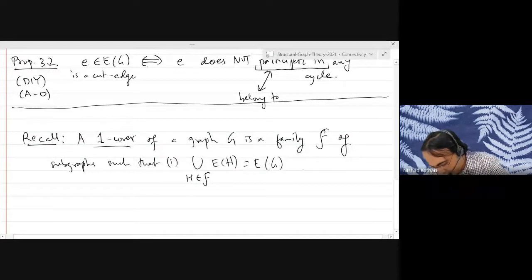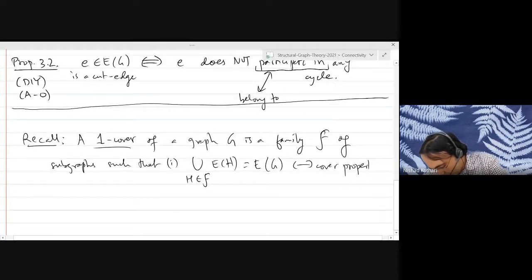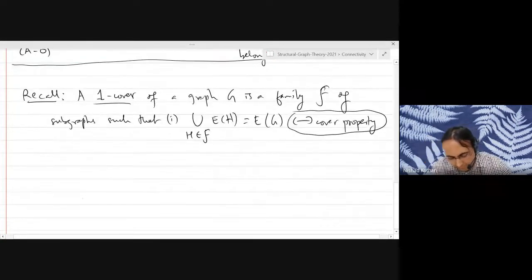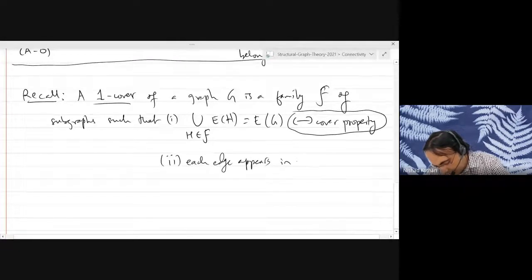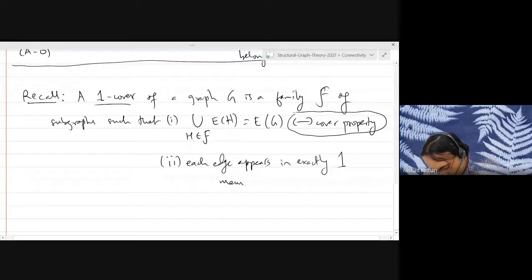This is the cover property. And the second property, why do we call it a 1-cover? Because we want each edge to appear in exactly one member in script F.